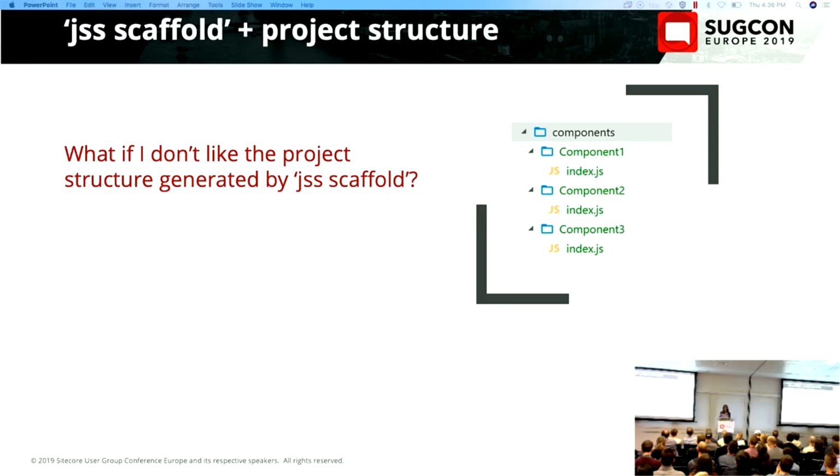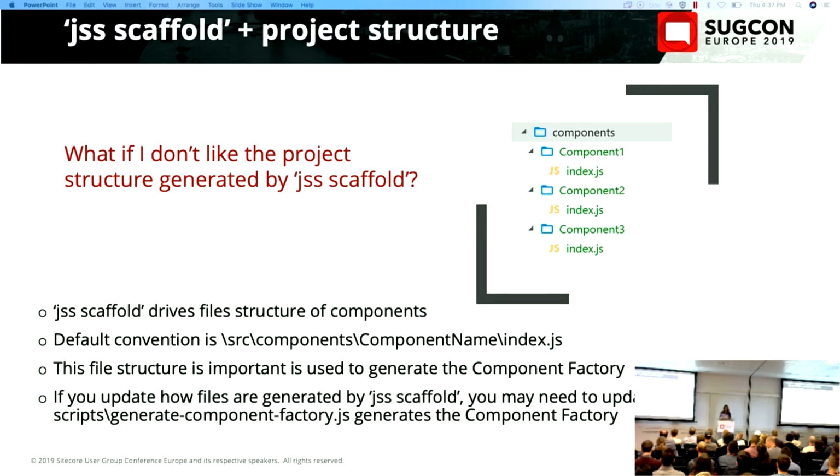By default, what goes in the component factory is that it looks for the index.js file, and then it finds the parent folder, and whatever the name of that folder is, that's what goes in the component factory. But in React, your files don't have to be called index.js.